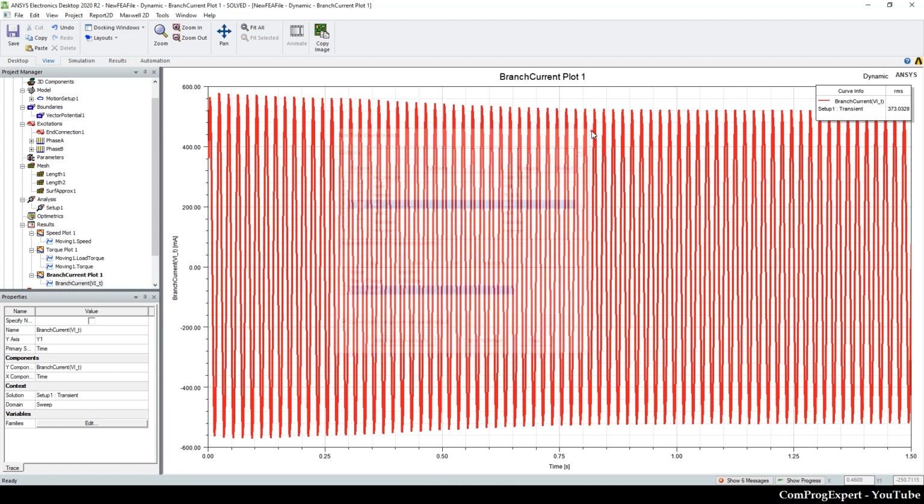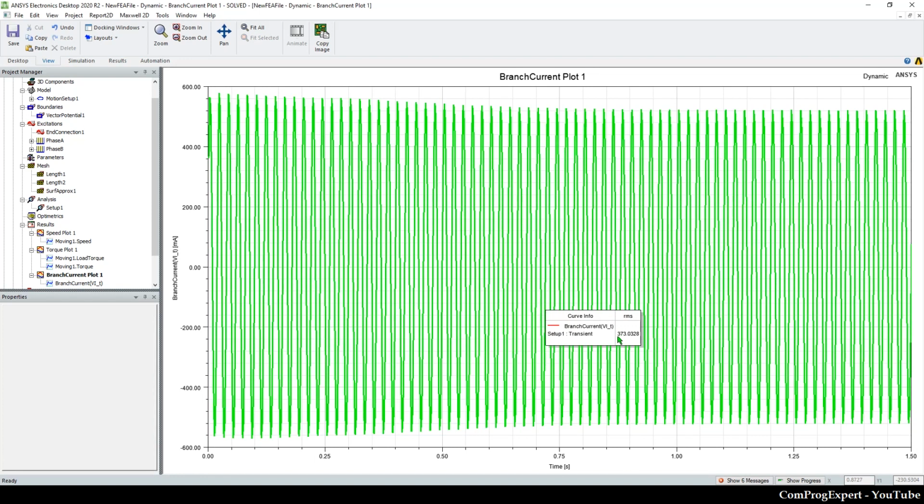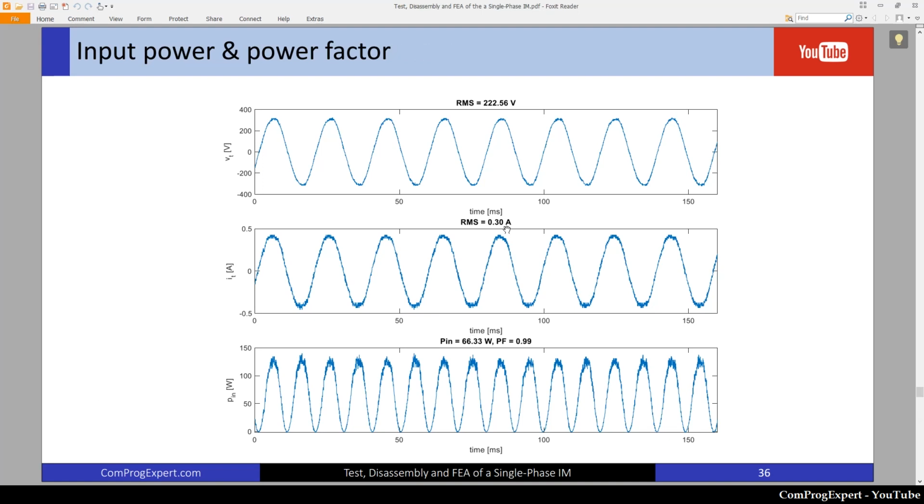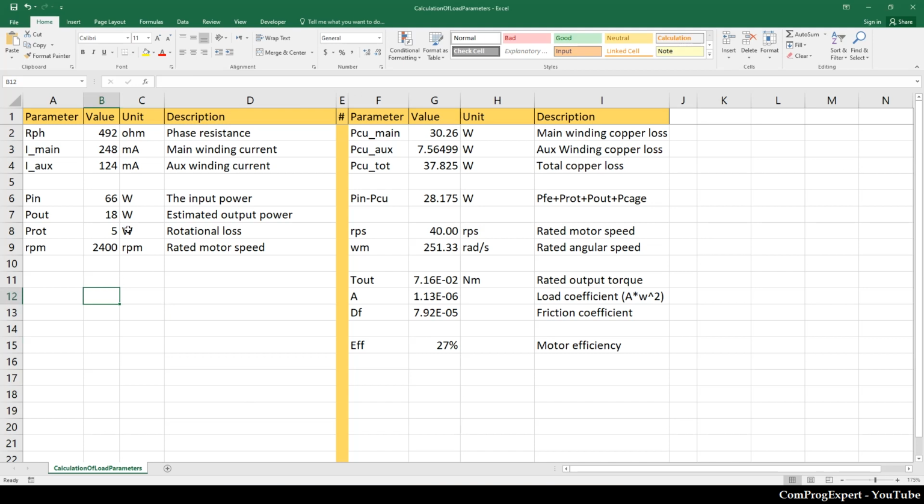And it is 373. That is higher than this one, right? Higher than this one. So it means our assumptions are not correct. So we should change these assumptions to get the right answer, right?